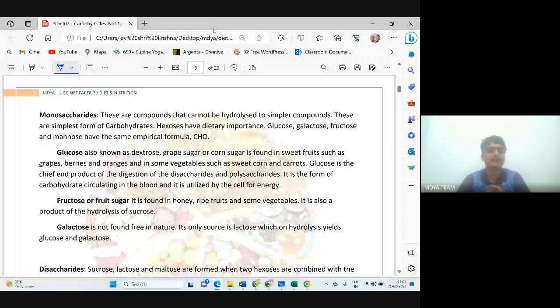If our body takes any polysaccharide, any disaccharide, even any monosaccharide, ultimately that will be converted into glucose. Then only our body can use that carbohydrate. You can understand this like India, where we have currency as rupees. If we try to use any other country's currency in India, it will not work.